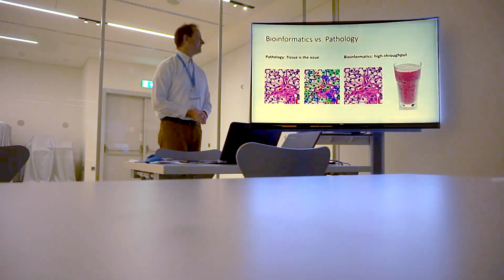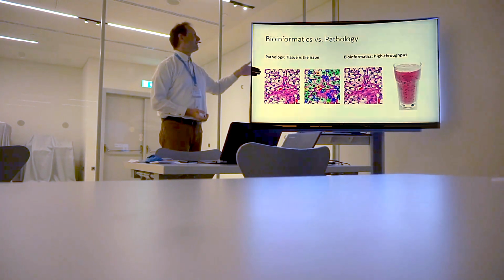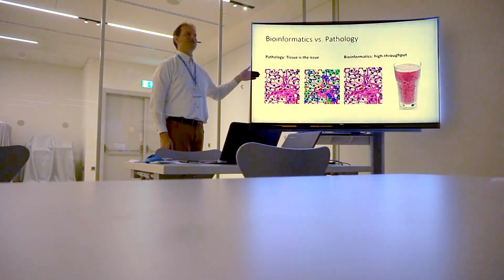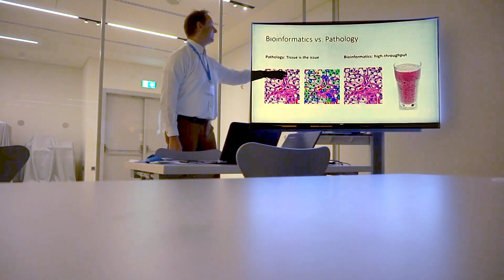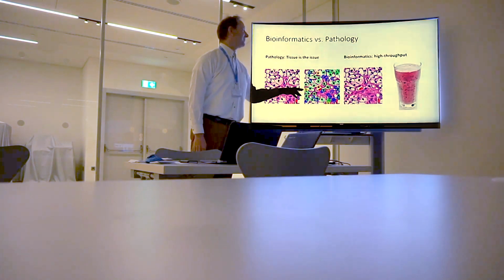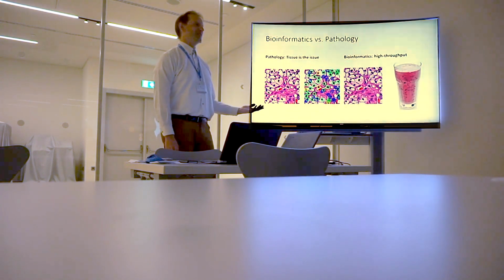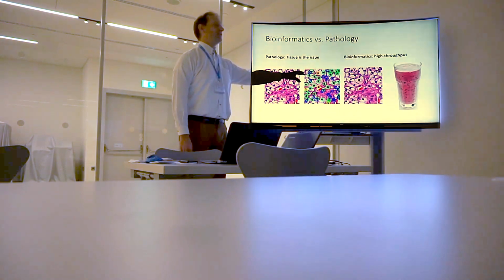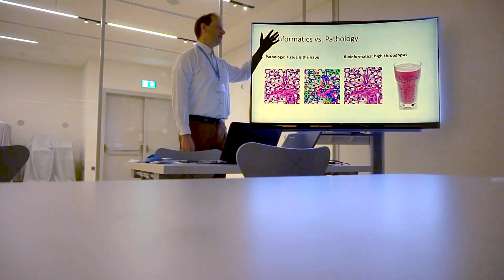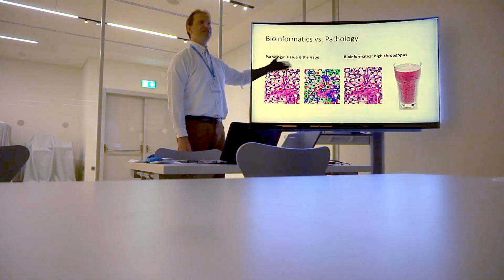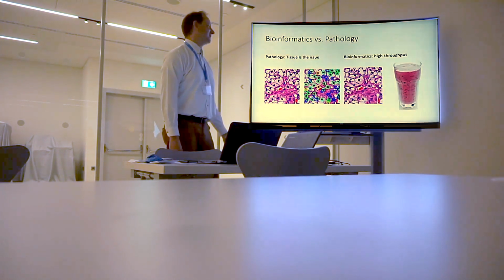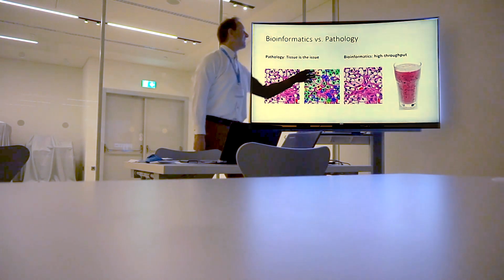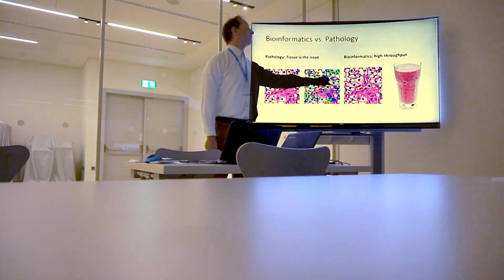Bioinformatics versus pathology. In pathology, you very much say, well, tissue is the issue. So you look at the topology and you detect different features in different types of cells, and based on their structure, for instance, the more homogeneous a tumor is, the more dangerous it is, etc. Bioinformatics, you very much take a different approach.